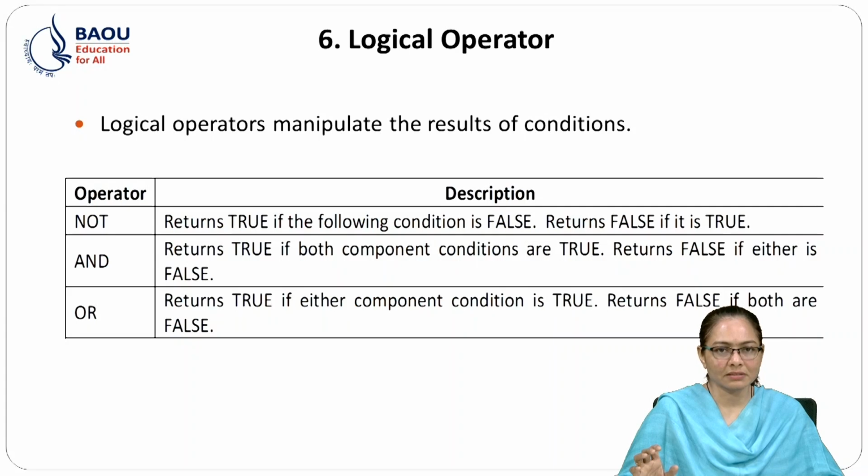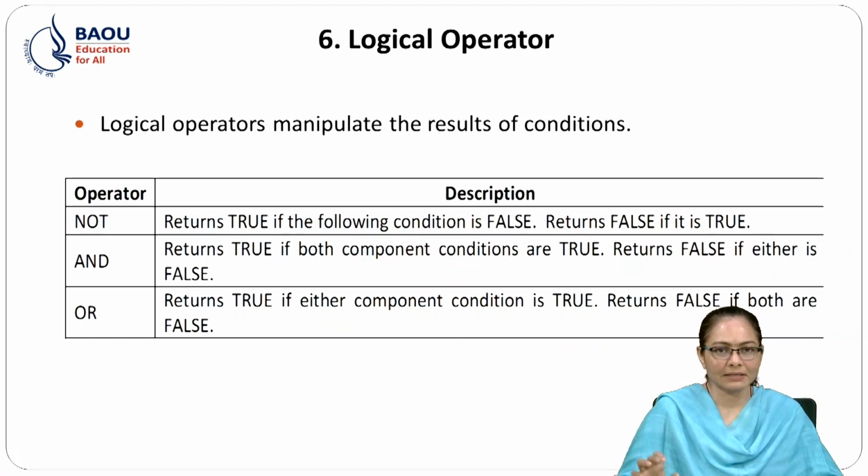NOT returns true if the following condition is false and returns false if it is true. We already used the NOT operator with BETWEEN, LIKE and IN, and we also saw examples in a previous slide using NOT BETWEEN, NOT LIKE and NOT IN. So NOT is used with the BETWEEN, LIKE and IN operators.